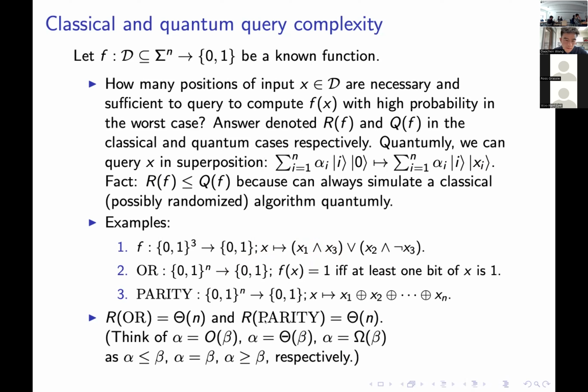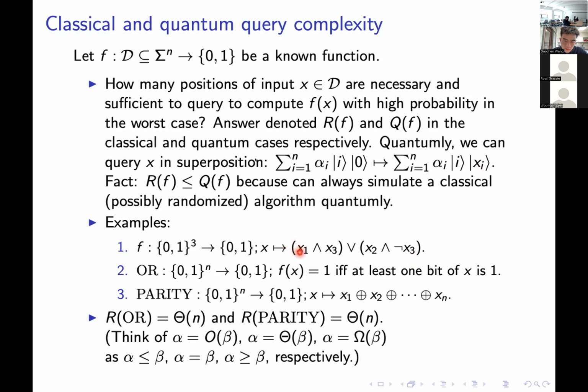Of course, you can compute this function f by querying all 3 positions of the input x, namely x1, x2, and x3. In fact, querying all positions suffices to compute any function. However, if we look a bit closer at this example, you can see that f can in fact be computed using only 2 classical queries.